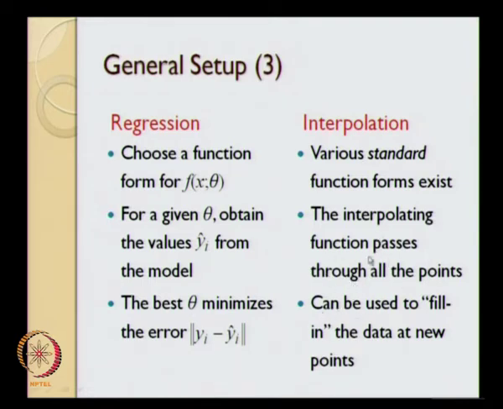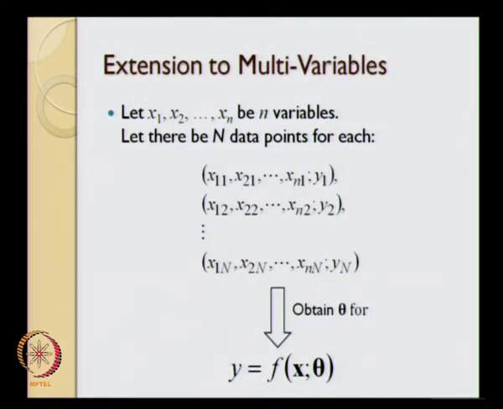The usefulness of interpolation is to fill in the data at new x values, whereas the use of regression is to get a closed functional form that can then be used for various purposes. For example, the rate of reaction can be used in order to design a CSTR or a PFR and so on. Okay. That is the difference between, and the salient features of, regression and interpolation.